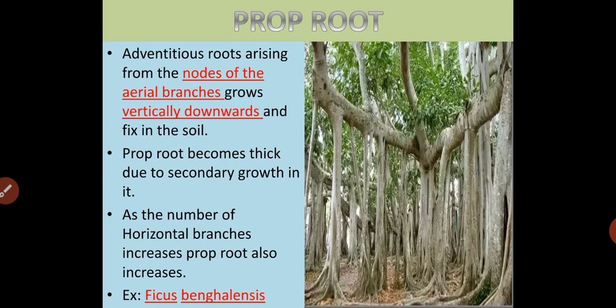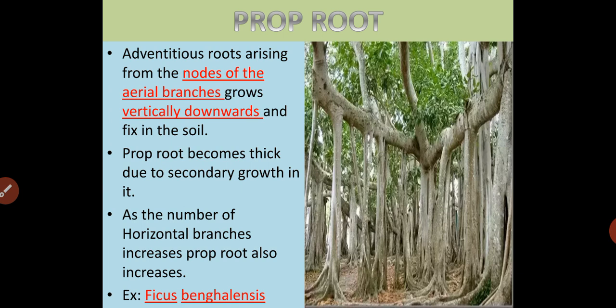Prop root is the root modification which is commonly seen in Ficus bengalensis, where adventitious roots arise from the nodes of the aerial branches and grow vertically downwards, and when they reach the soil they fix firmly inside the soil, and these prop roots become thick due to the secondary growth occurring in them.